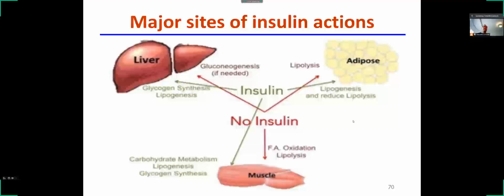And typically, you can see here in green what it's actually doing in those cells. So in the muscle cells, obviously, it's going to be driving carbohydrate metabolism, but not necessarily in the liver, whereas in the liver, it's going to be more glycogen synthesis and lipogenesis. And in adipose, the major one is reducing lipolysis in general, okay?